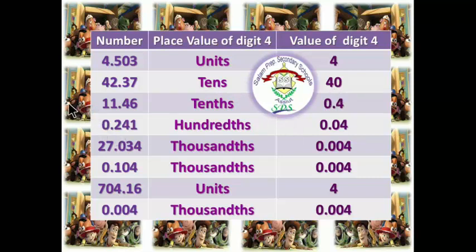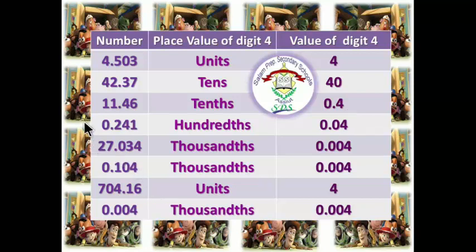The next number is 11.46. 46, this is the decimal part, okay? 4 in tenths place, so I will write tenths. Place value of digit 4 is tenths, and its value is 4 tenths, 0.4.